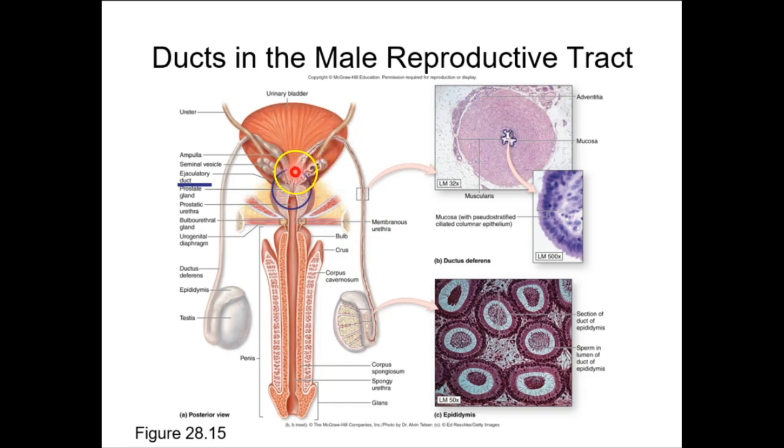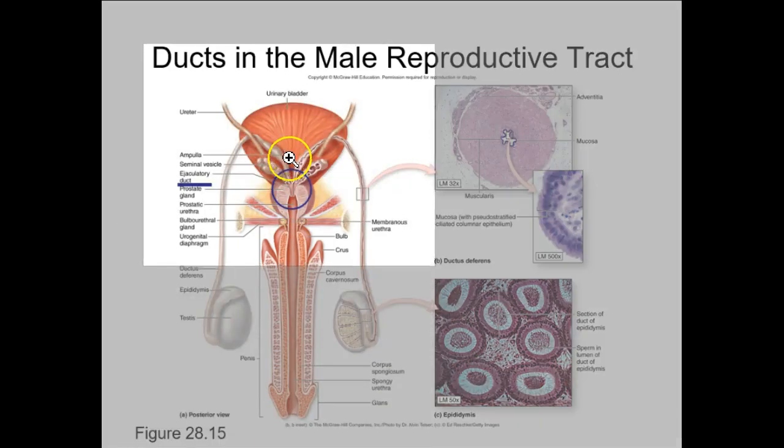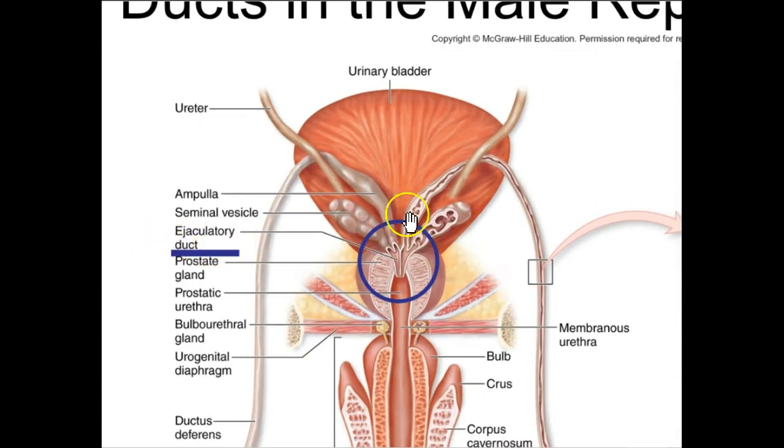It's going to meet up with the seminal vesicles at the ejaculatory duct, which I have circled here. Here's the best image where you can really clearly see that the ejaculatory duct is just this small region right here that is the meeting of the ductus deferens and the seminal vesicles. I'm going to zoom in on that area right there. So it's underlined and it's circled. You've got this little sort of V-shaped area where those ducts meet up.